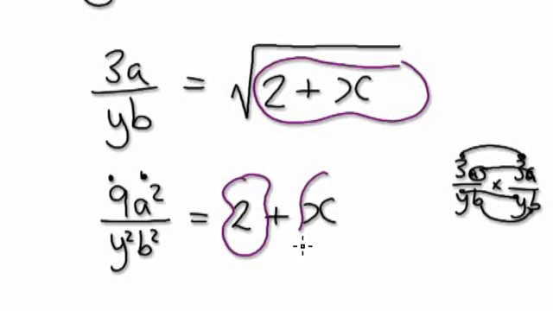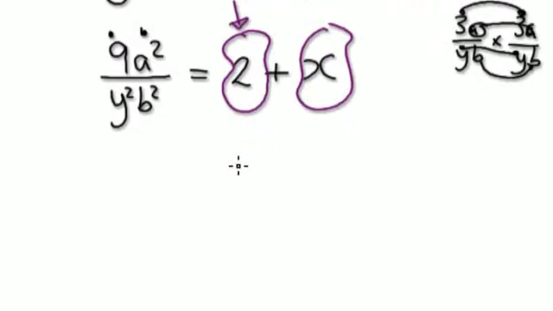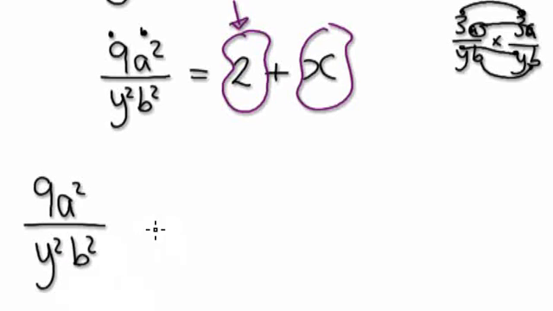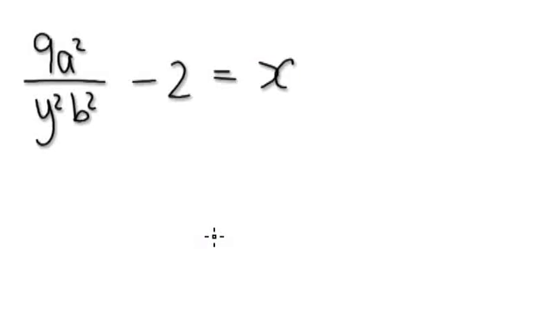Now visualize it as this, one bubble here. Get rid of this one, so take away 2 from both sides. So it will be 9a squared over y squared b squared, and then you take away 2 equals x. You could leave it as this, but I like to merge it into one fraction.